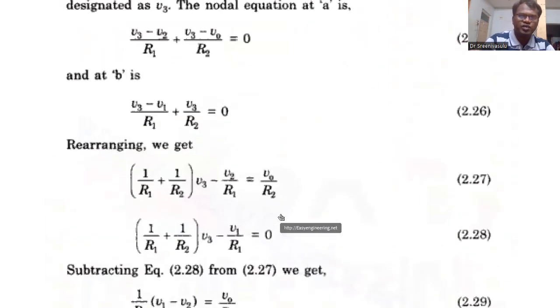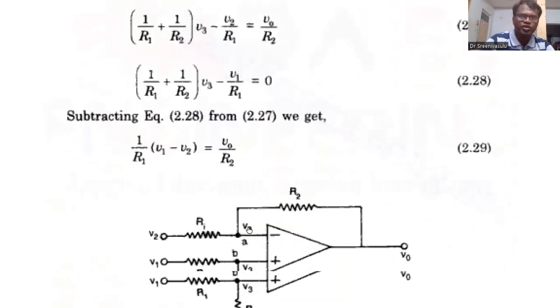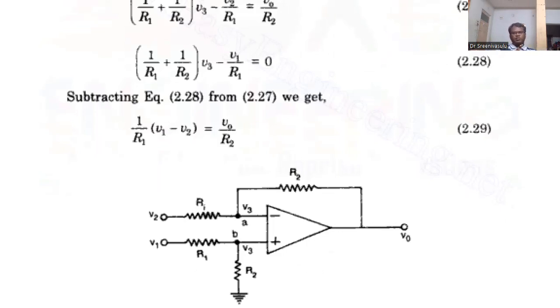Now, you see, if you apply nodal analysis at node A, V3 minus V2 divided by R1 plus V3 minus V0 divided by R2 is equal to 0. It is one equation. Now, second one, if you apply nodal analysis at node B, V3 minus V1 plus V3 minus next potential, which is ground potential, V3 minus 0 divided by R3.